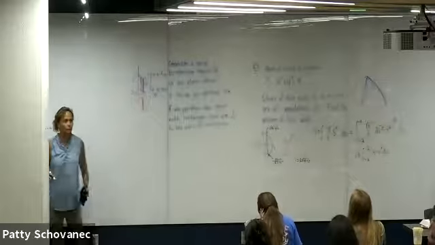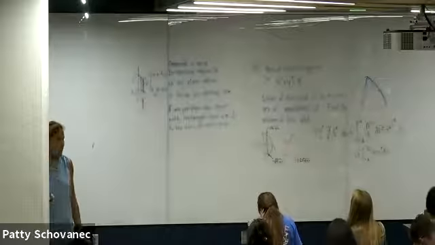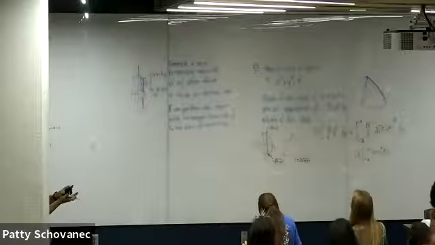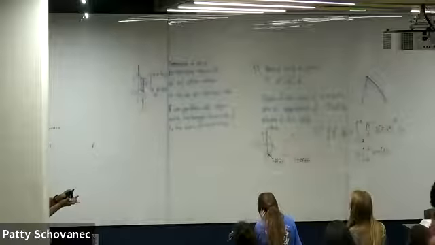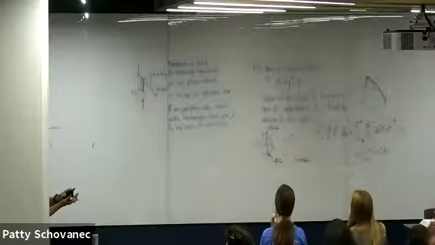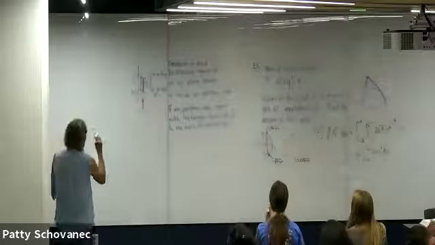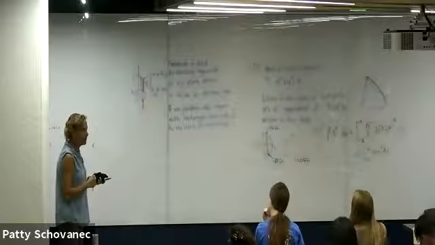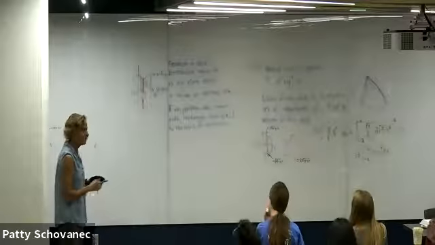Right? What did we call that? Generated a washer. If my region is butted up against the axis of revolution, we technically have a washer, but one without a hole. So we just called it a disc. And the plan was to find the volume of that one washer or one disc, and then add them up with a Riemann sum and get a definite integral.